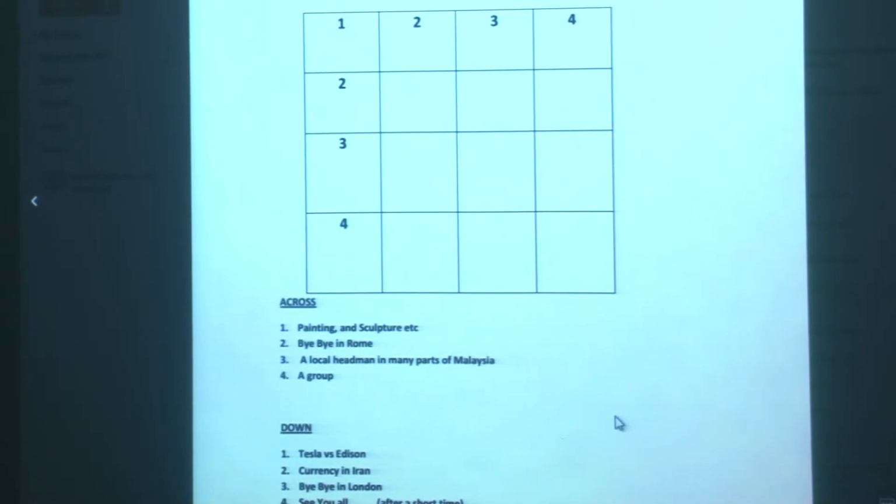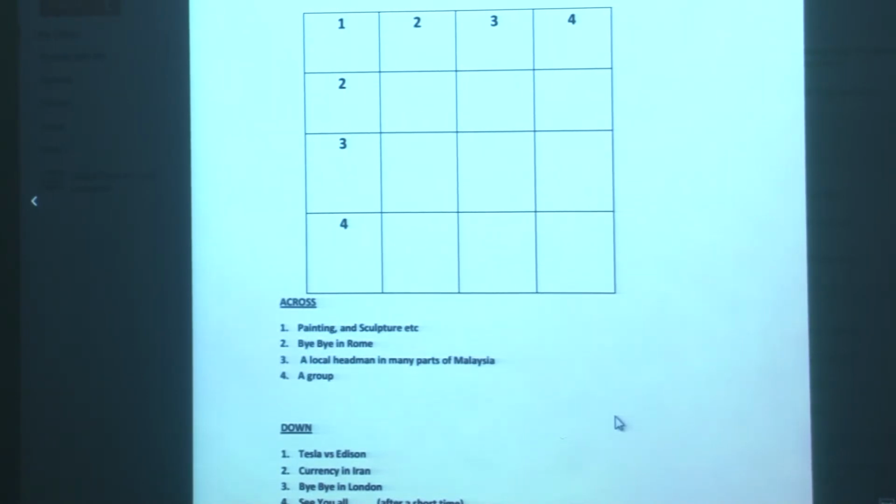Okay, one across is paintings, sculptures, etc. Paintings, yeah. Arts. Arts, okay, good. Arts, so 2 down is riyal. That is the only thing that we didn't know. 2 down, currency in Iran, is riyal.